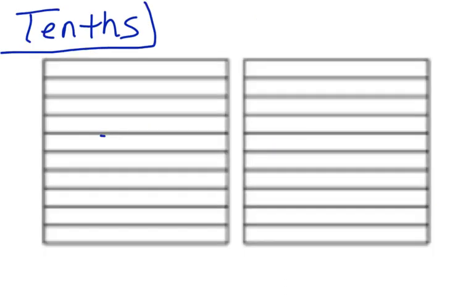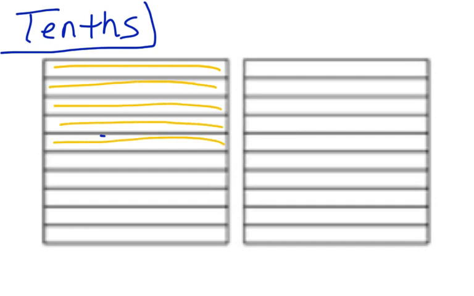So let's look at some examples. Now, right here we have these tenths. Let's say that I shade in 1, 2, 3, 4, 5, 6.